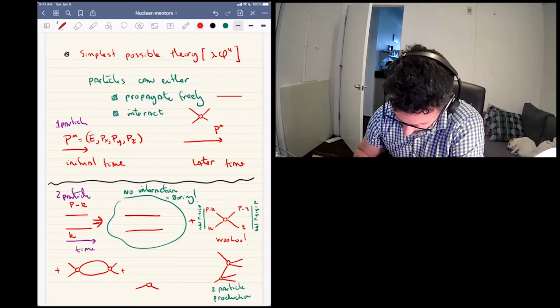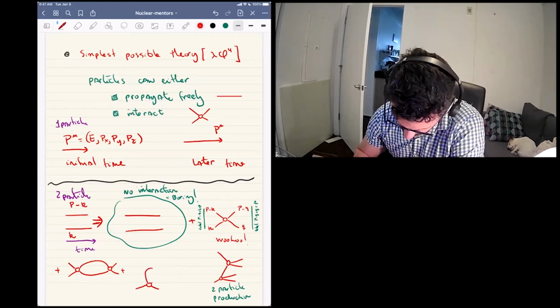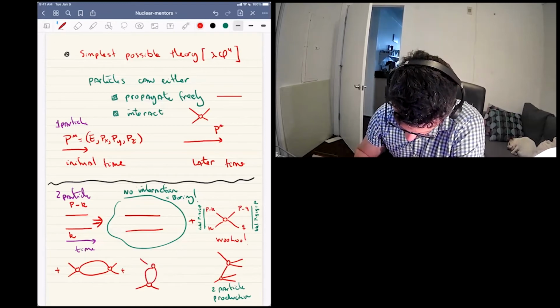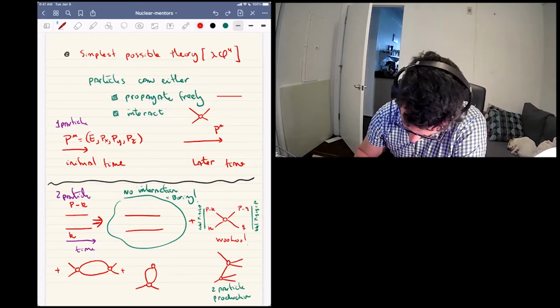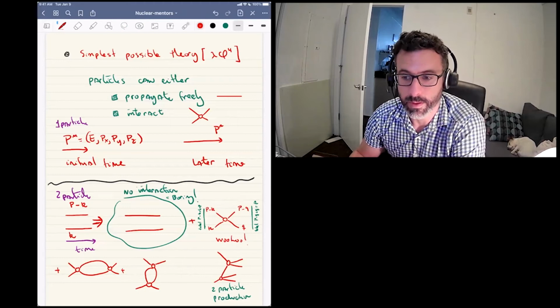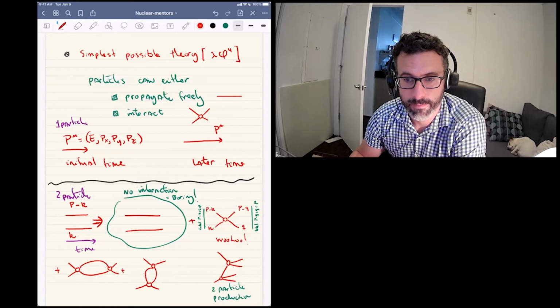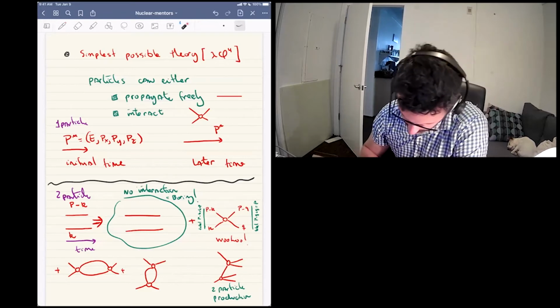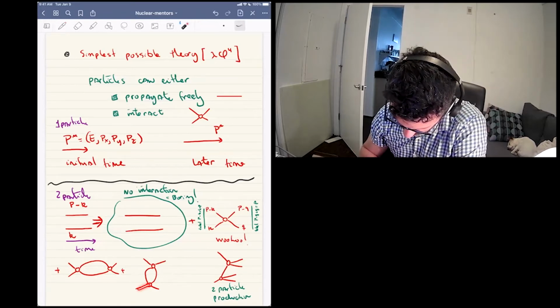But what you can exchange are 2 particles. And so you can have this happening, where the 2 particles come in, they exchange 2 particles, and then they go off on their merry way.